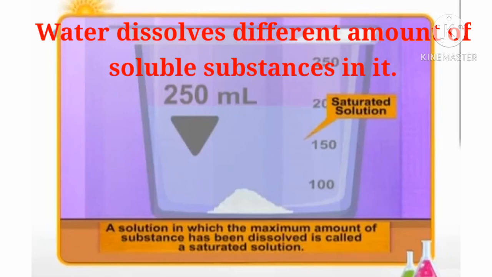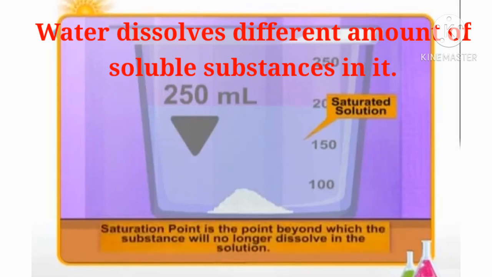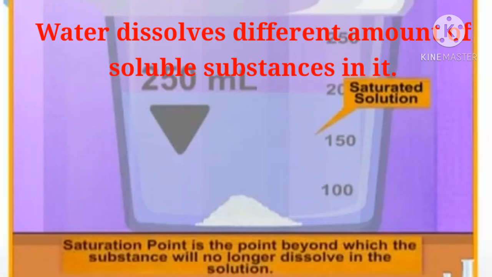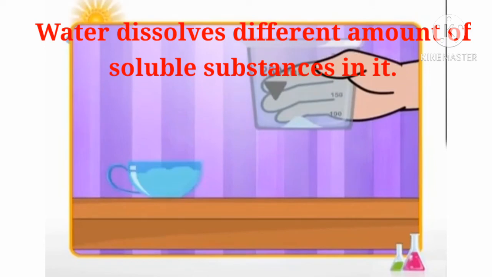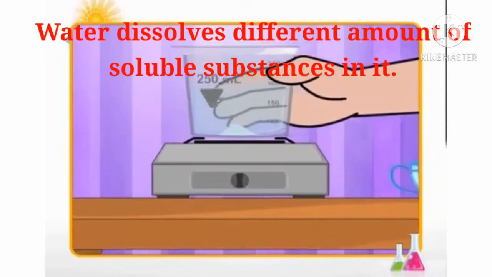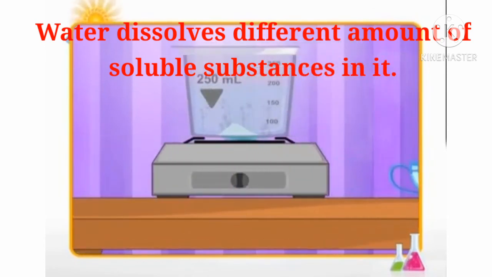And this solution, now we call it as saturated solution because it cannot dissolve any more substance in it. Okay, now we understood a solution is said to be saturated if it cannot dissolve more of the substances in it. But if we want to dissolve more substance in the saturated solution, then we have to heat the solution so that we can dissolve more substance in it.